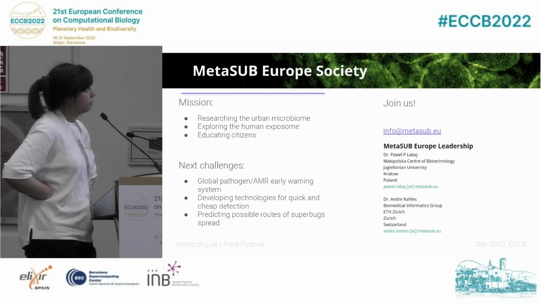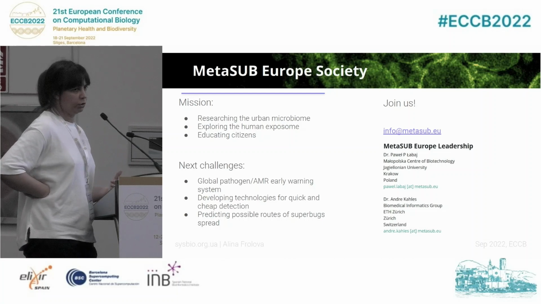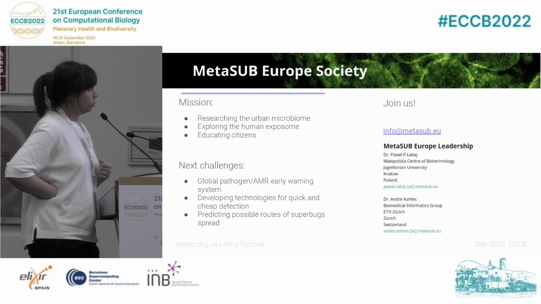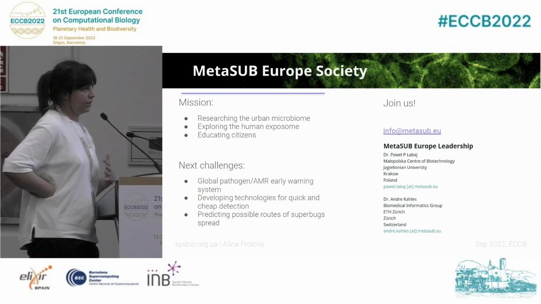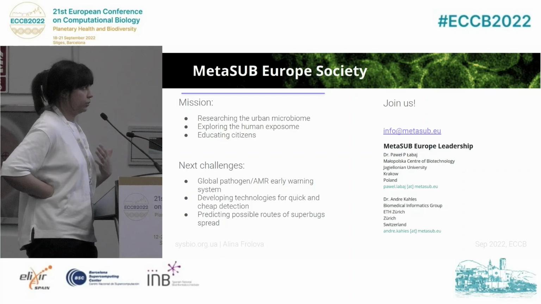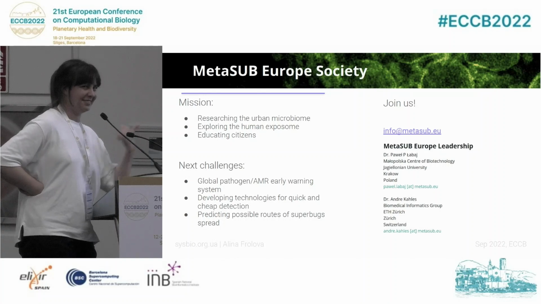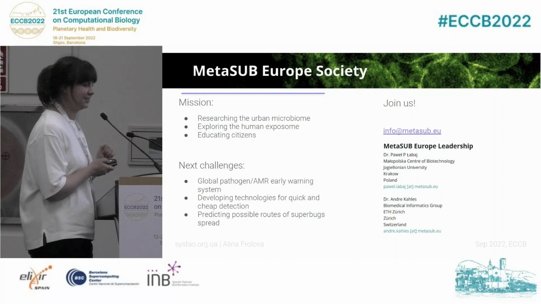So in MetaSUB Europe Society, we not only want to focus on the previous aims, we also want to go to the next level toward a global pathogen and AMR early warning system. So if you're interested to join, you can find me after the talk.